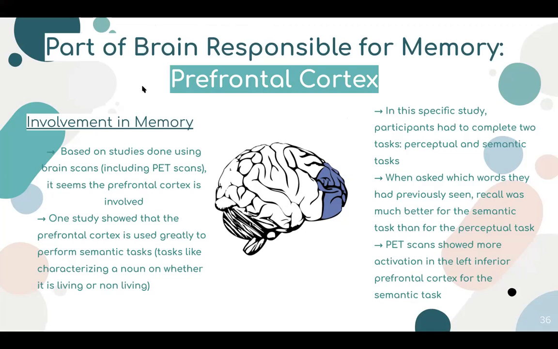So when asked which words they had previously seen, recall was much better for semantic tasks than for perceptual tasks. PET scans showed more activation in the left anterior prefrontal cortex for the semantic task. So again, showcasing the involvement of the prefrontal cortex in memory.